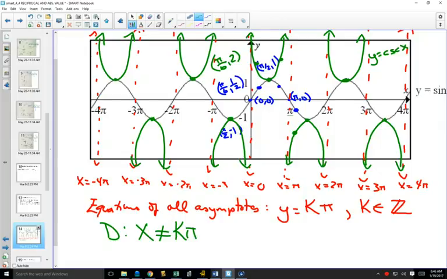So we say x cannot equal k pi, and then we have to specify that k is still an element of the integers. And our range? Close. y would be less than or equal to negative 1, or y would be bigger than or equal to positive 1.